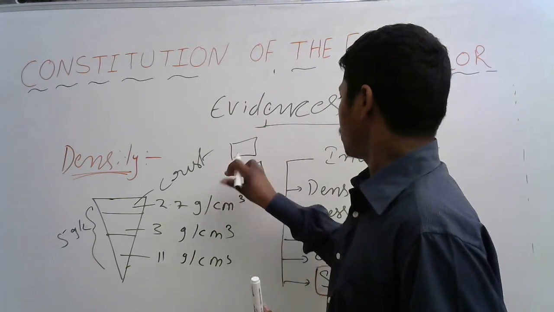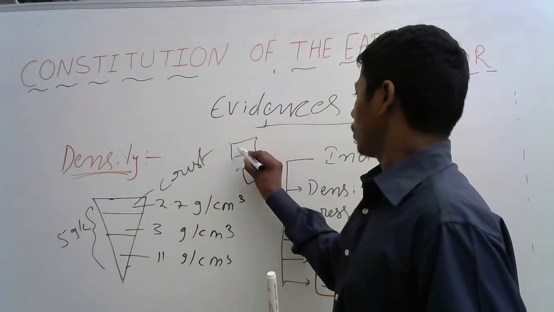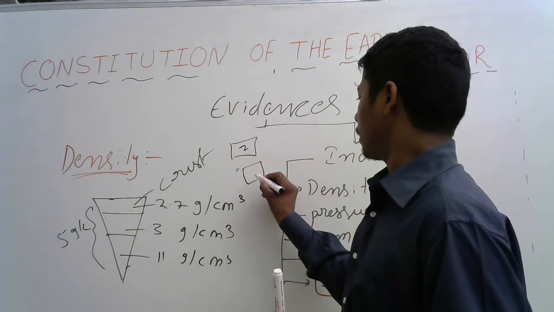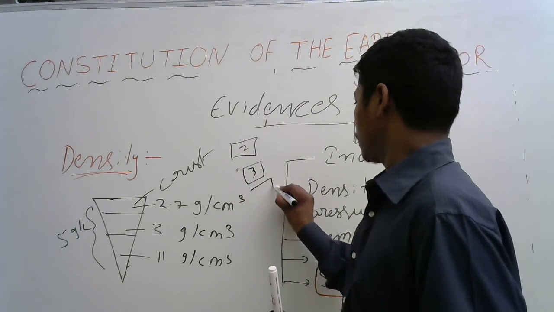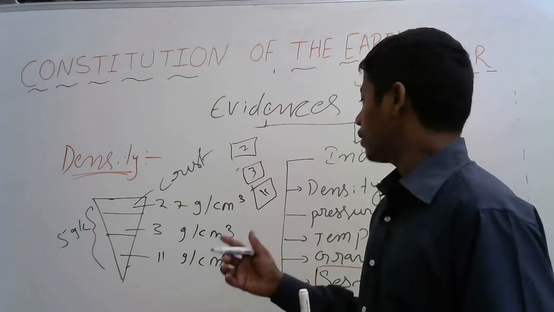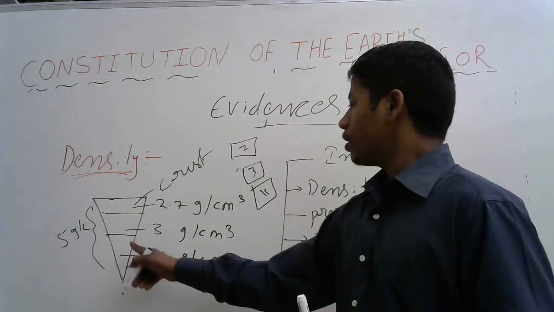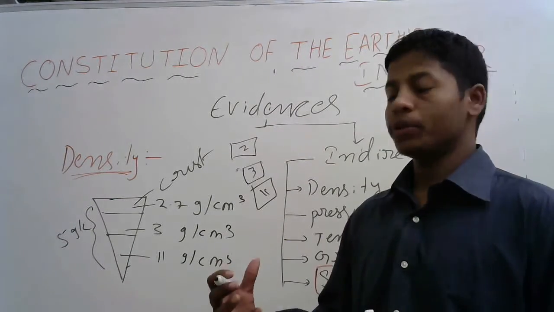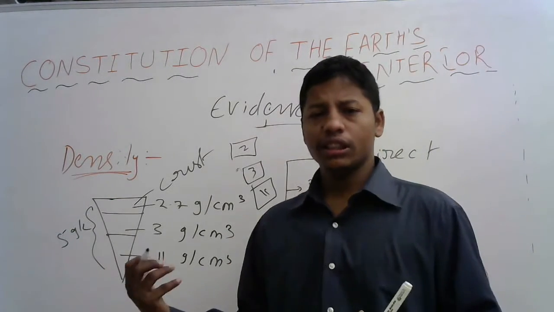Suppose this material contains 2 grams, this material 3 grams, this material 11 grams. Which material is heavy? The core material is the heavy one.